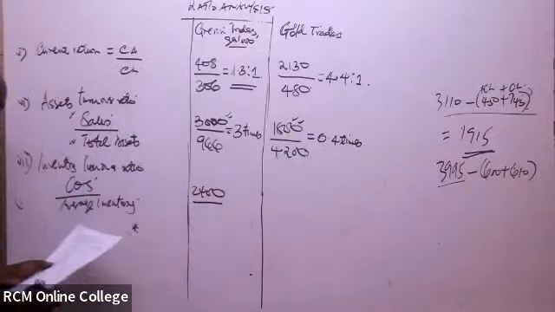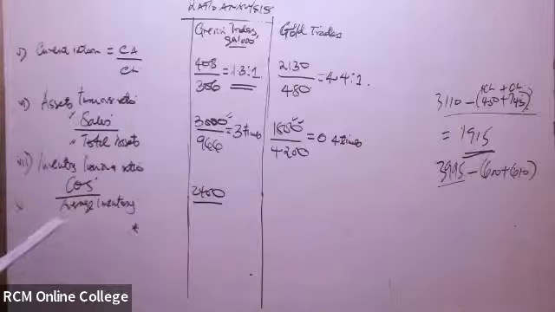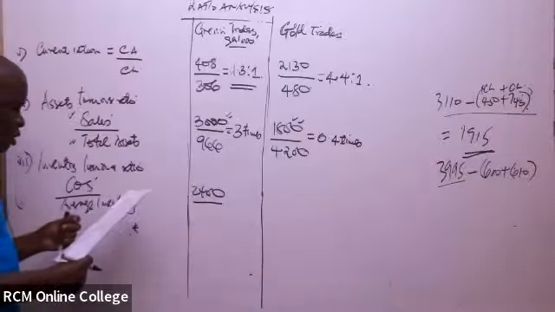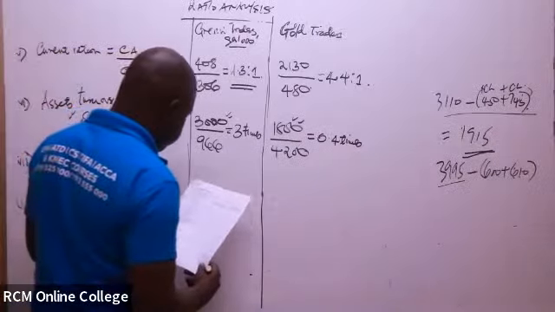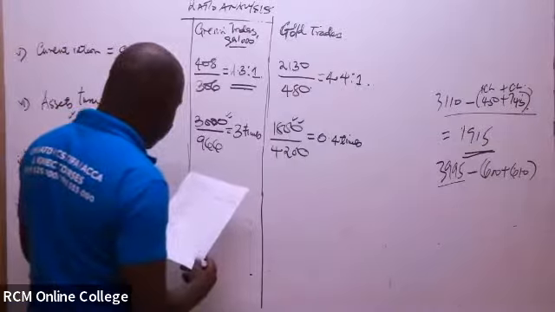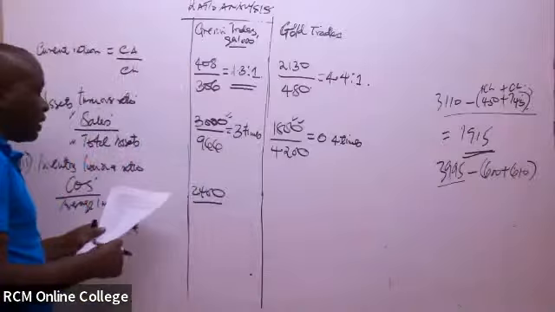Then the average inventory: the closing inventory is 252. Since you've been given opening and closing, you add and divide by 2.